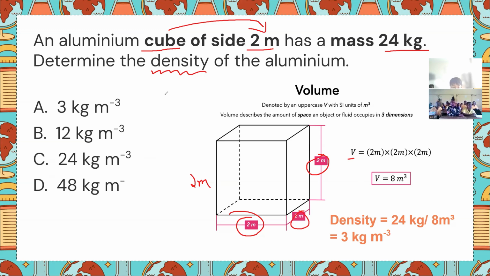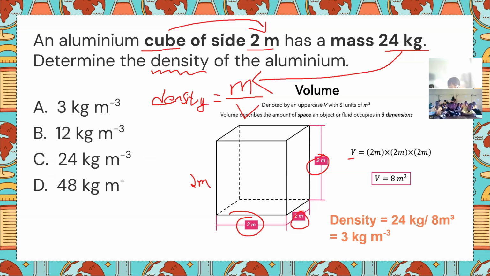And remember, density is equal to mass over volume. We found volume to be 8, and the mass is given to be 24 kilograms. So 24 divided by 8 is equal to 3. And the unit is kilograms per cubic meter.